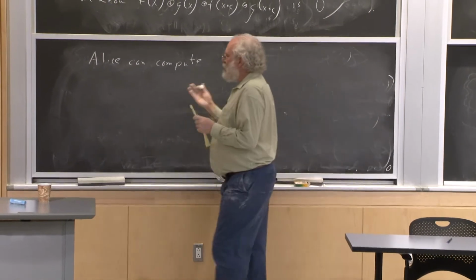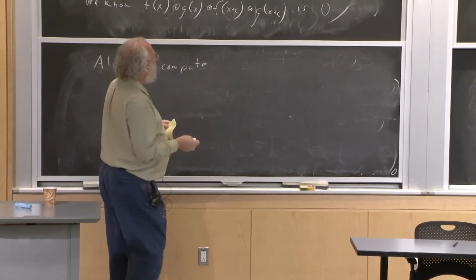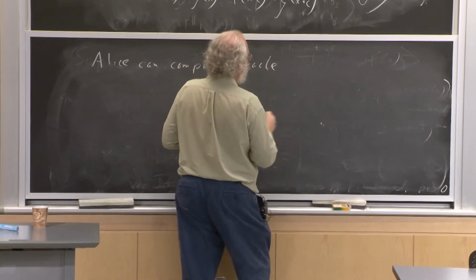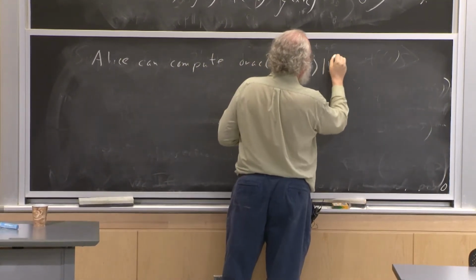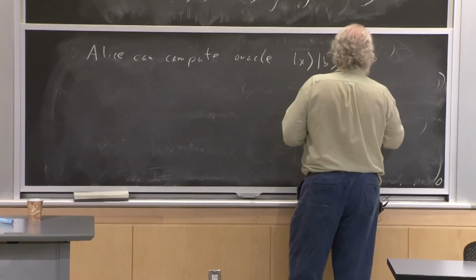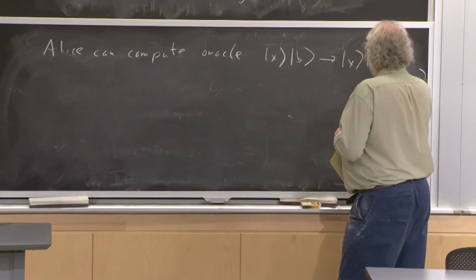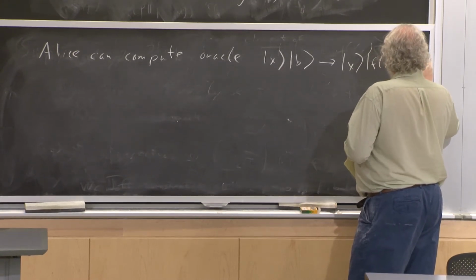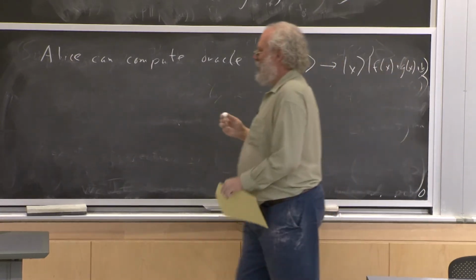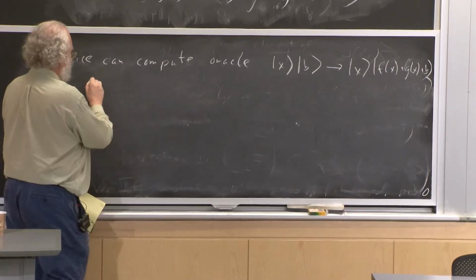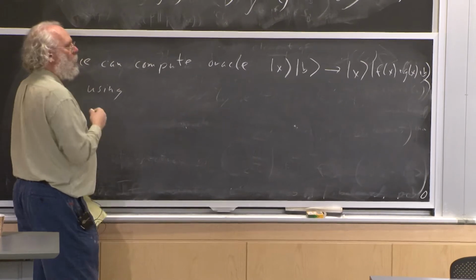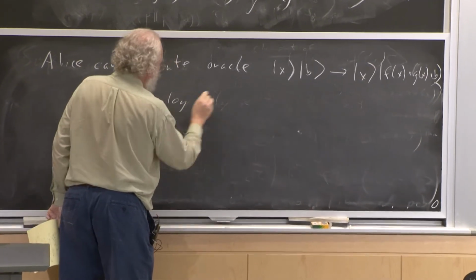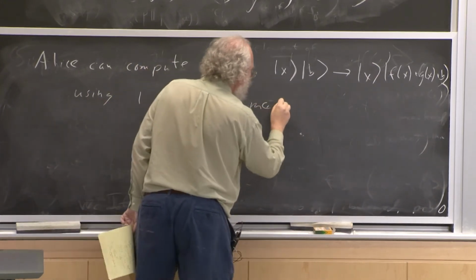Alice can compute the oracle, x b2 x f of x plus g of x plus b, using one log n bit message.